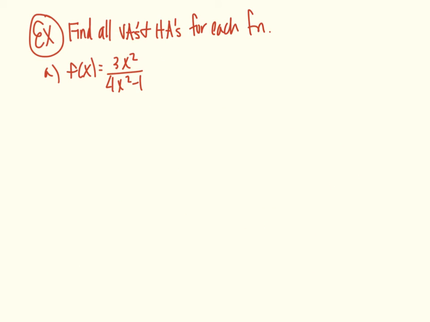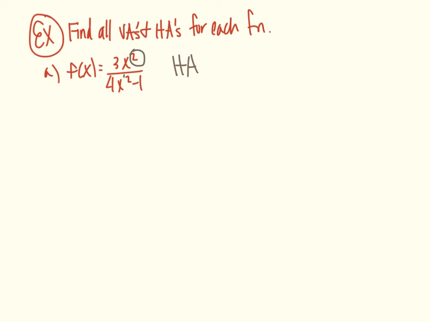We are going to find all vertical asymptotes and horizontal asymptotes for each function below. Let's start with A. f of x equals 3x squared, all divided by 4x squared minus 1. Well, maybe the horizontal asymptote is actually easier because really you're just looking at the degrees.